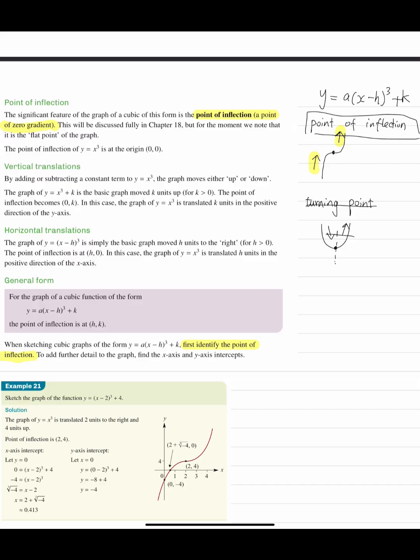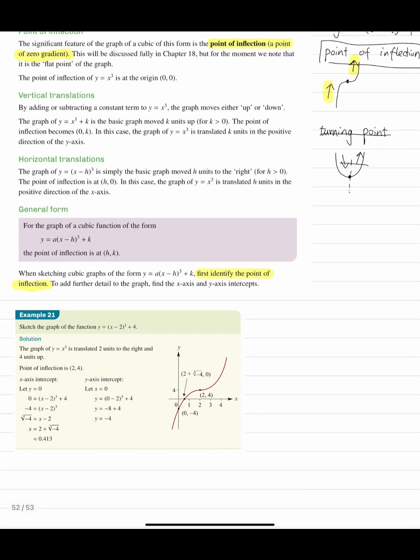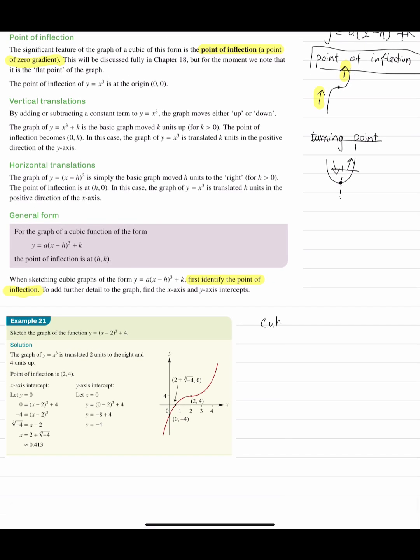But unlike the parabola, the cubic's range is all real numbers, right? Because the range is all real numbers, that means eventually y will reach zero. That means you will definitely have an x-intercept for cubics.